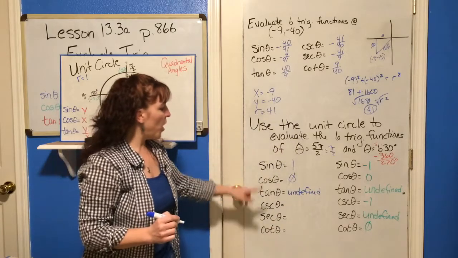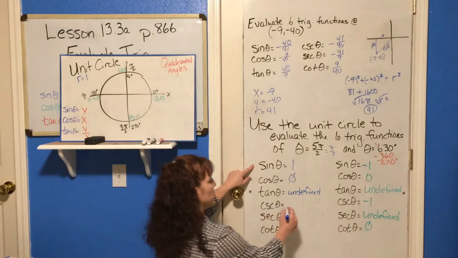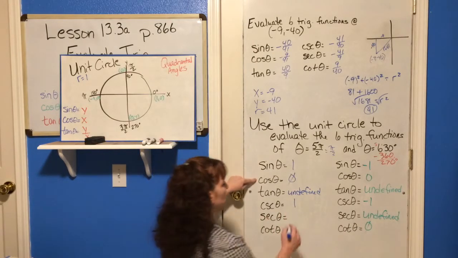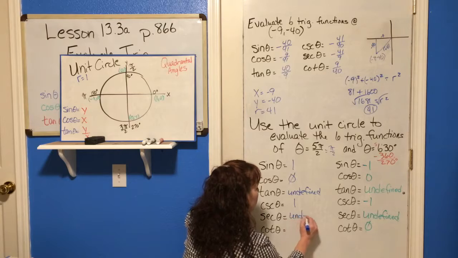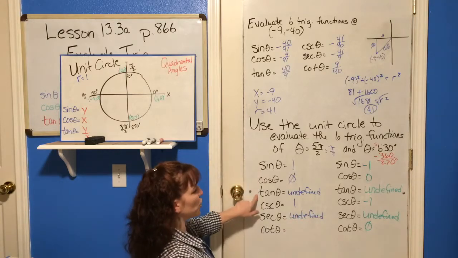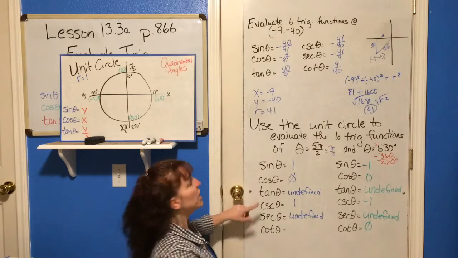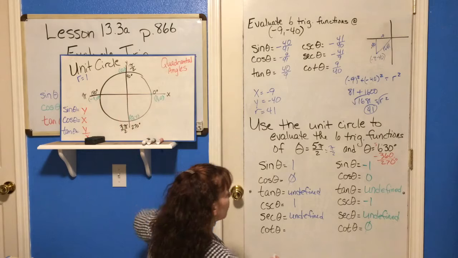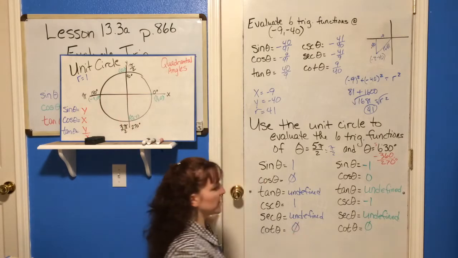Cosecant is going to be 1 over the sine. 1 over 1 is just 1. Secant is going to be 1 over the cosine. 1 over 0 is undefined. And cotangent is going to be, well, the tangent was 1 over 0, so the cotangent is going to be 0 over 1, which is 0, and is defined.